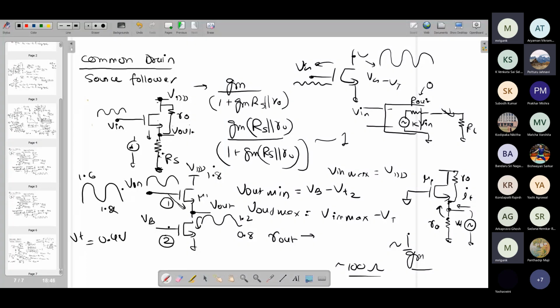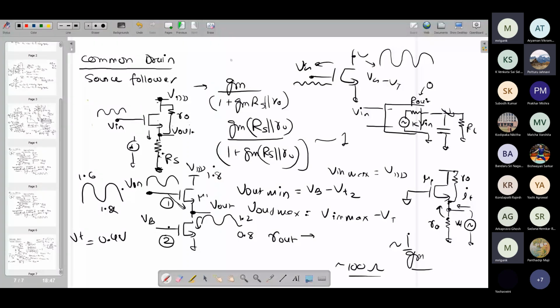So another important consideration, apart from driving low values of RL, is when you have to drive a big capacitive load. In many cases the output is having a big capacitive load.